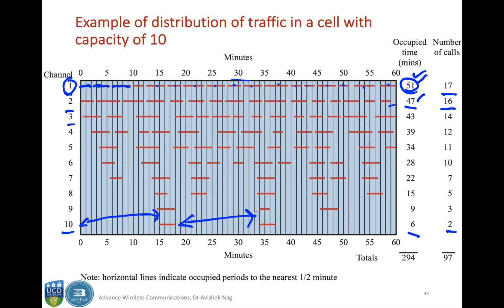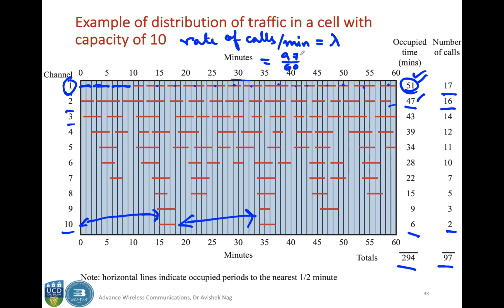If you count the total time for all the channels, you can see that there are 294 minutes of call occupancy for these 10 channels, and there are a total of 97 calls that have happened. If you try to find the rate of calls per minute and call this lambda, this is basically 97 divided by 60.